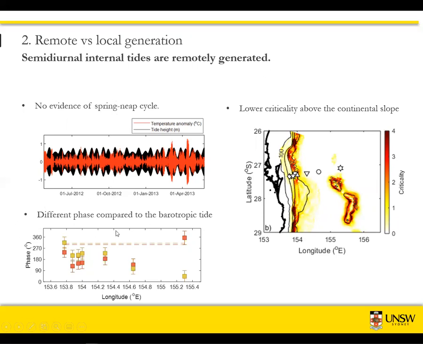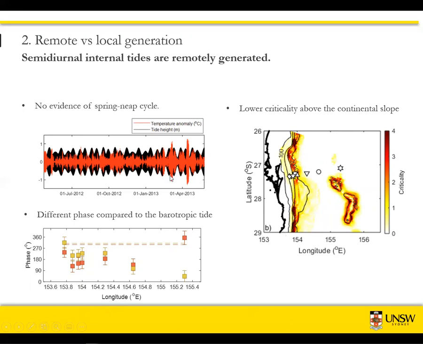Another indicator is that the phase of the internal tide is different from the phase of the barotropic tide, which is the dashed line here. And this is another indicator that the internal tide doesn't match with the barotropic tide, so it's not locally generated. And also the criticality is lower when compared to the diurnal internal tide.